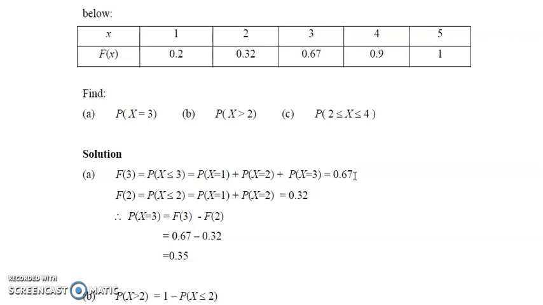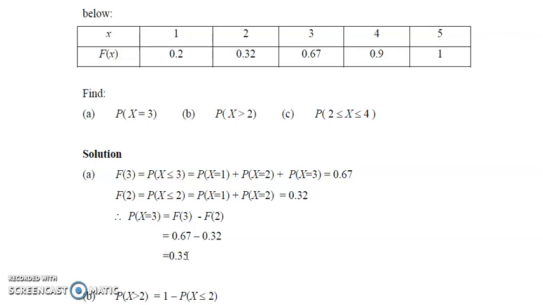So it will be 0.67. And the previous CDF is F2 over here, so the probability of x less than or equal to 2 will be equal to 0.32. So what can you do? F3 minus F2 gives the probability of x is equal to 3, so you just want this one. F3 minus F2, so you'll be having 0.35. So this is your PDF, the answer for A.